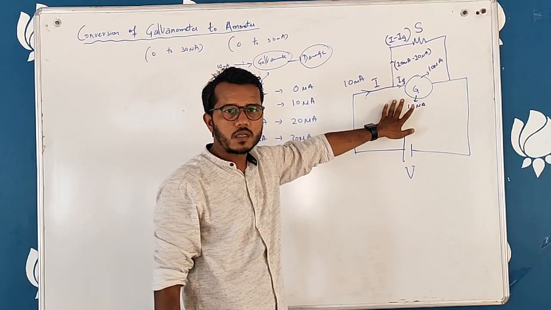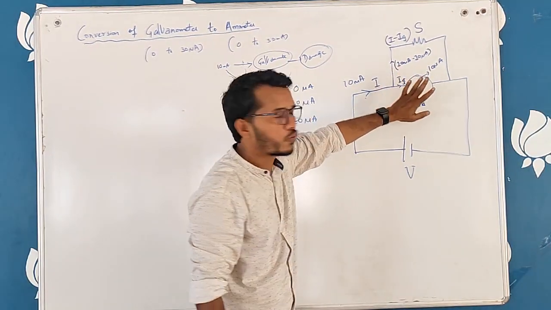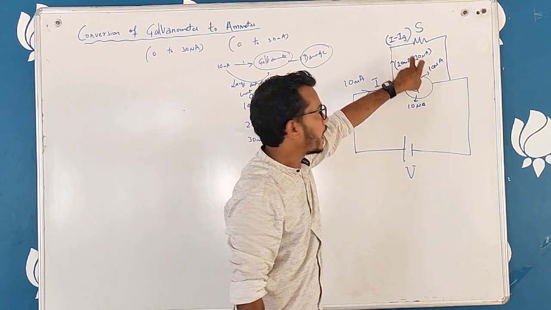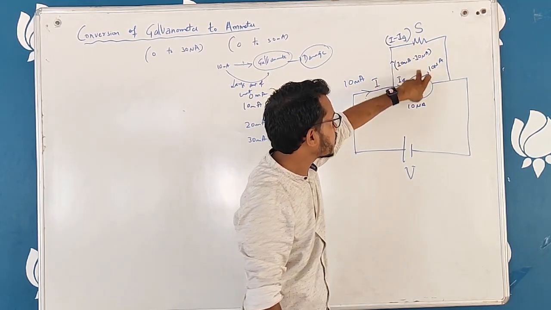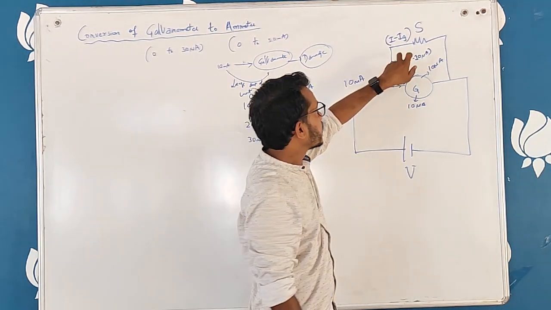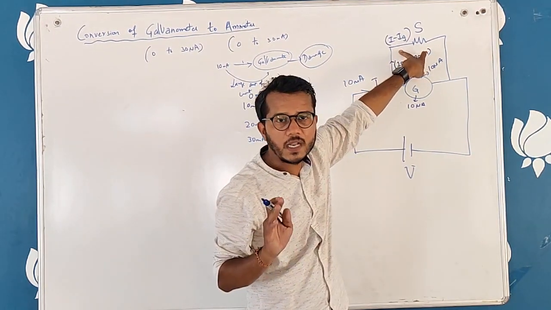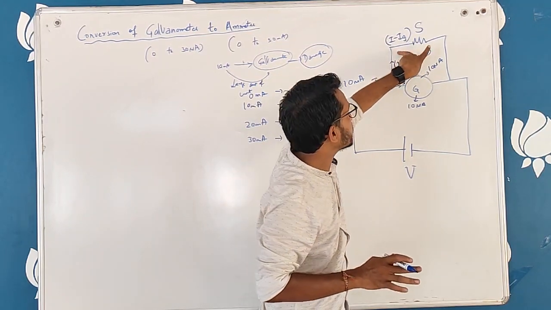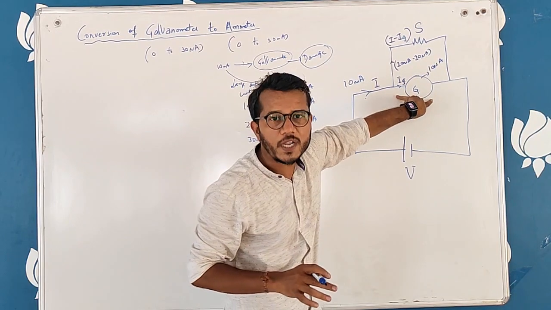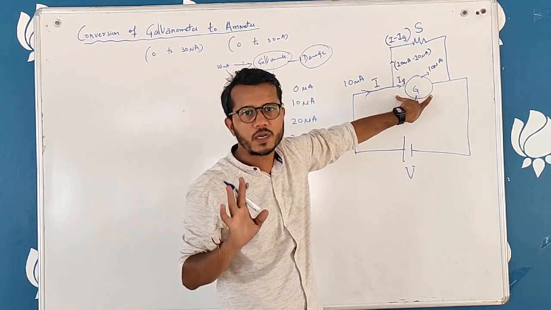Now the rest is all calculation. See, the galvanometer and the shunt resistance are both in parallel, so there is a potential difference. For parallel connections, we know that the potential drop across the shunt resistance will be equal to the potential drop across the galvanometer resistance.